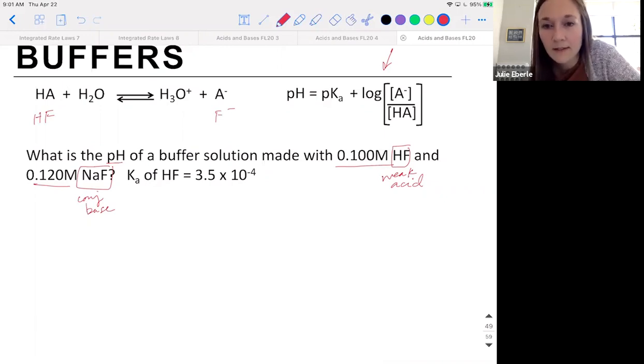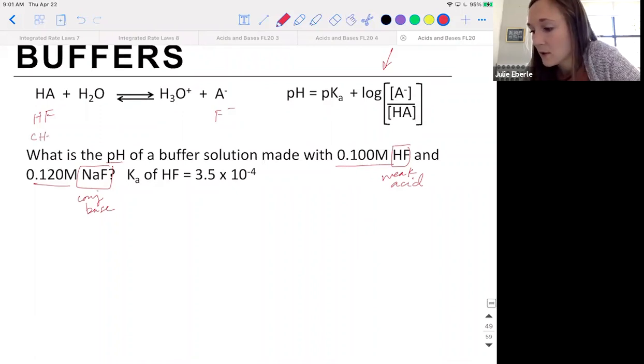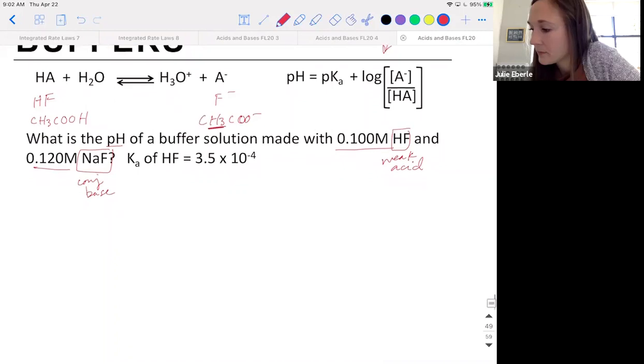So like for acetic acid, if we did one with acetic acid, CH3COOH would be the weak acid, CH3COO- would be the conjugate base because it's missing that acidic hydrogen. Remember, hydrogens bonded to carbons are not acidic. It's the ones in the carboxylic acid group.